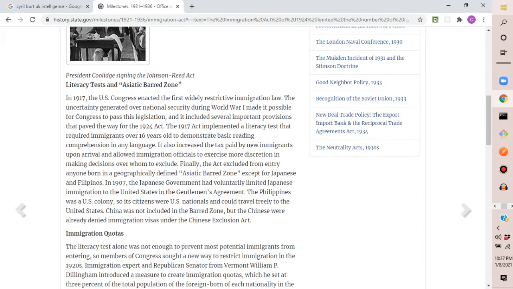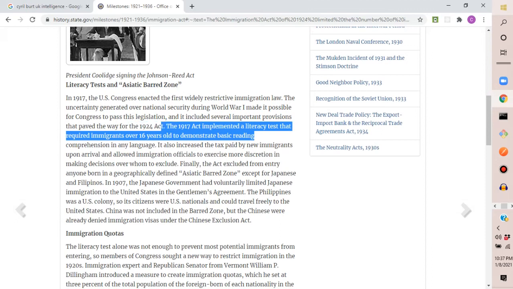So the 1917 Act implemented a literacy test that required immigrants over 16 years old to demonstrate basic reading comprehension in any language.